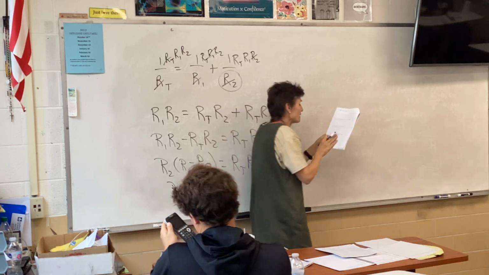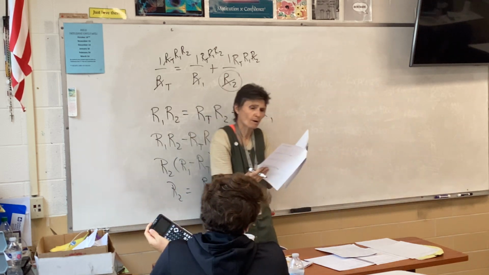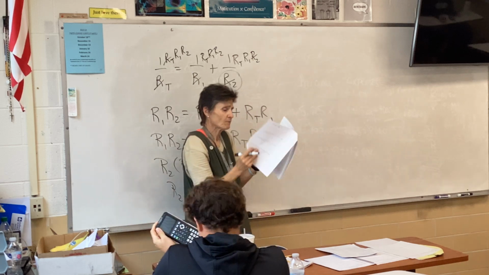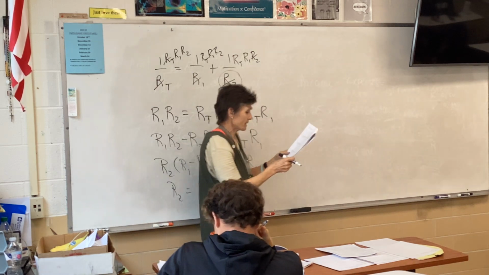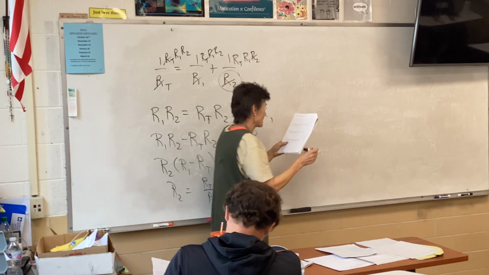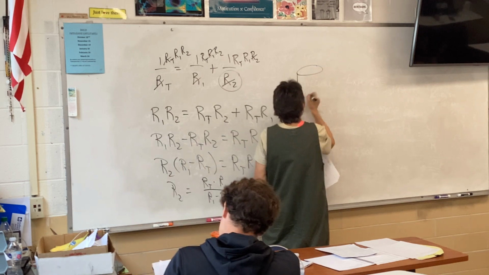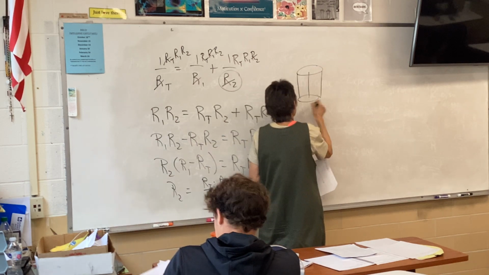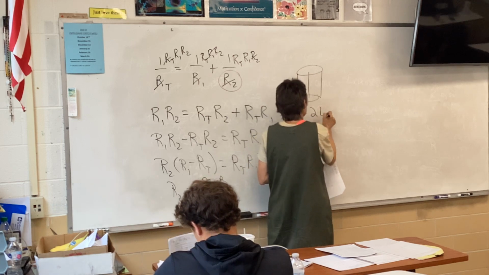I'm back in my notes now, I'm ready for number 4. Stuart Cannery will package tomato juice in 2-liter cylindrical cans. So here is my cylindrical can and its volume is 2 liters.